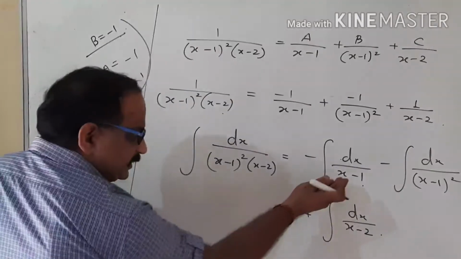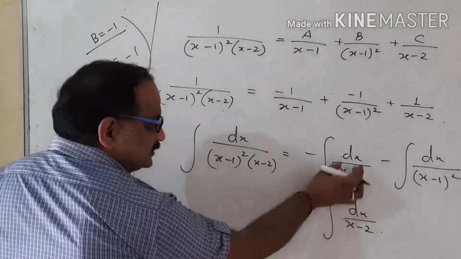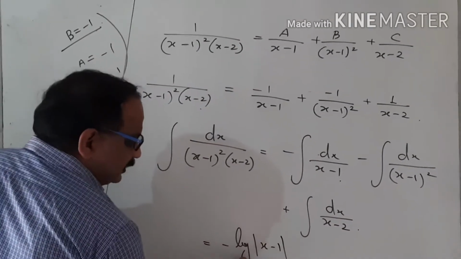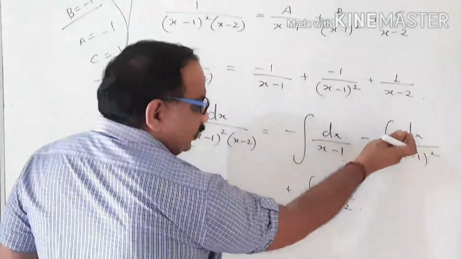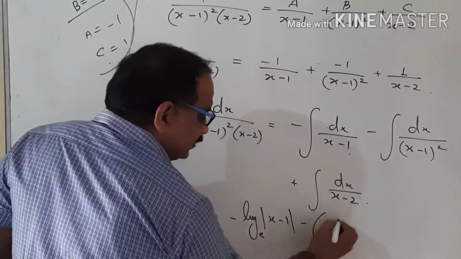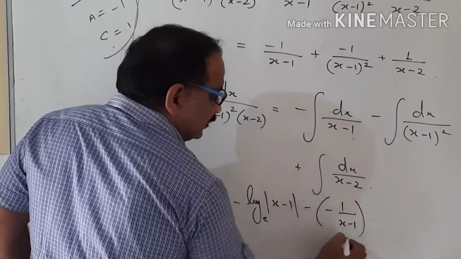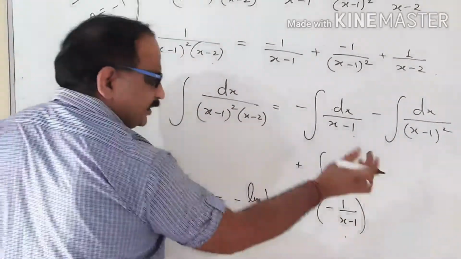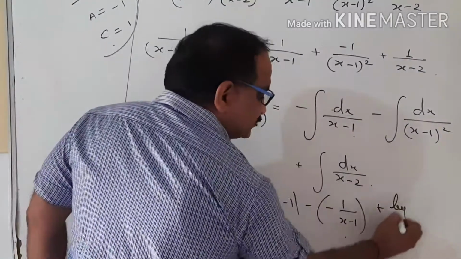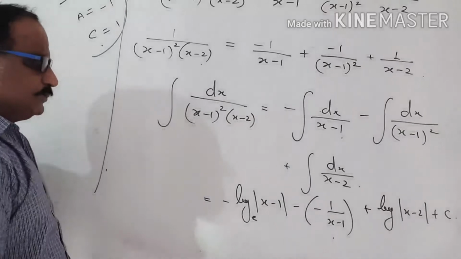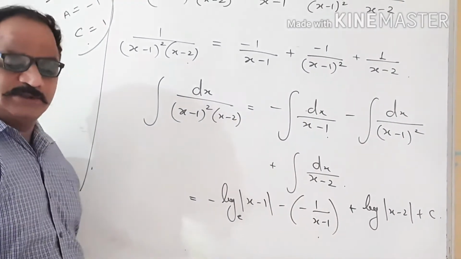Here is minus, the differentiation of denominator lies in the numerator, so I can directly quote it, log of x minus 1. Here is 1 upon (x minus 1) square, so integration will be what? Minus is there, minus 1 upon x minus 1, and here is the differentiation of denominator lying in the numerator. So I can say again it is log of x minus 2 plus c. So that is the conclusion for this problem.